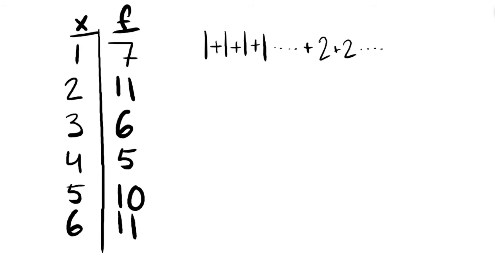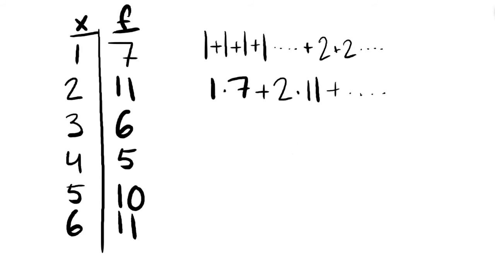We can make this easier for ourselves to simplify this. So instead of writing each single one down, well, we know that there is 7 ones. We can shorten that to 1 times 7, and then plus 2 times 11, plus, and so on for the rest. And we see that is the same thing, but it's much easier to write. And that is the trick in this formula.